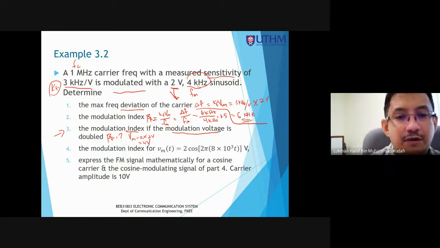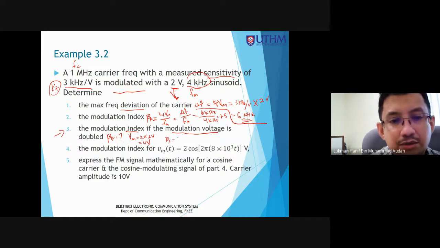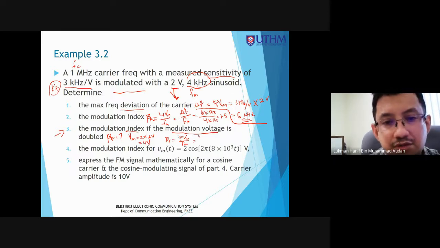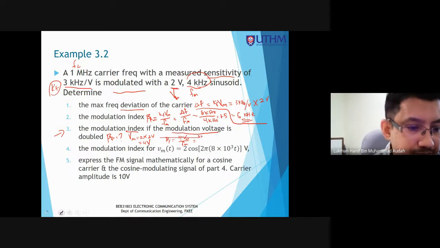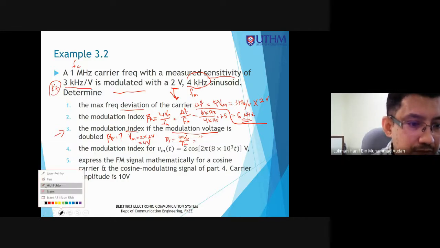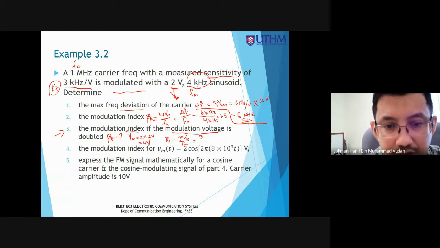Okay, so therefore beta f is equal to Kf Vm over Fm. So this is actually equal to, Kf is 3 kilohertz per volt multiplied with 4 volt divided with 4 kilohertz.